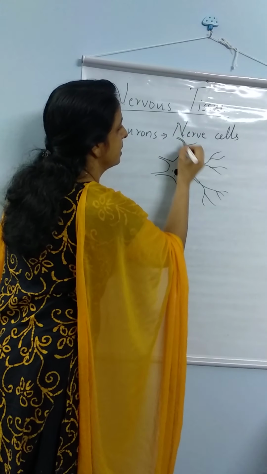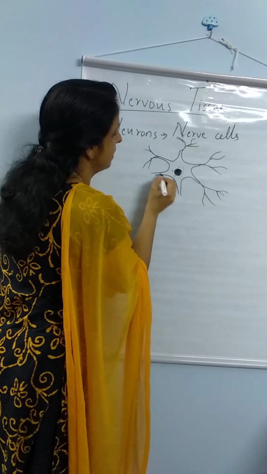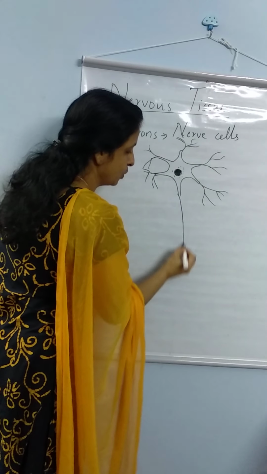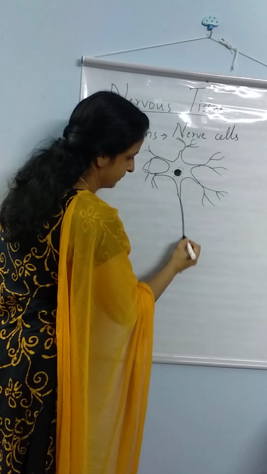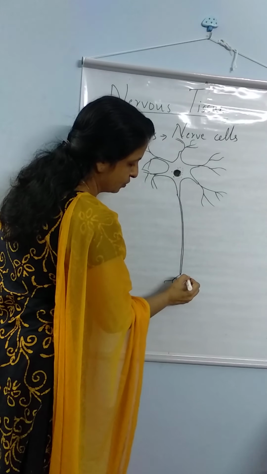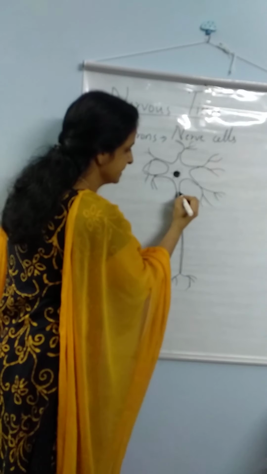These are also made into branches. And this one I am going to make a long branch. At the end we will draw a root-like structure, and here we will draw some coverings like this.